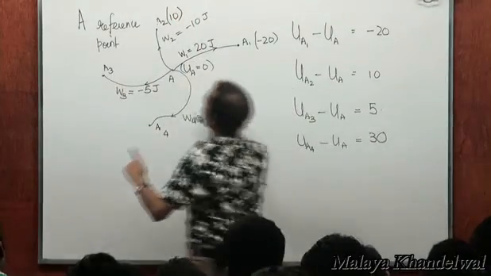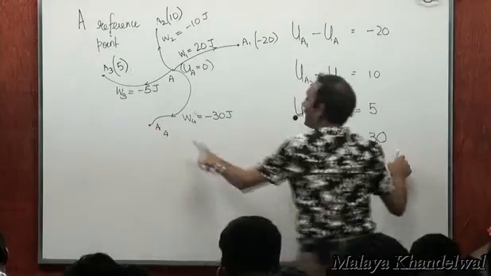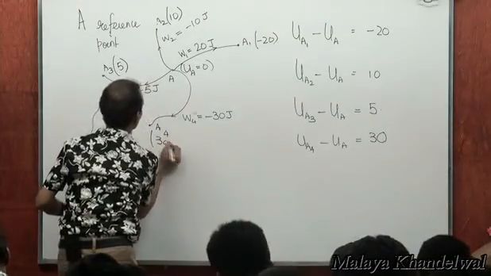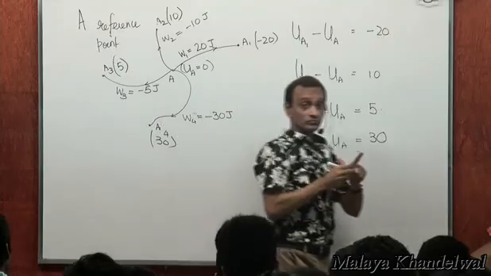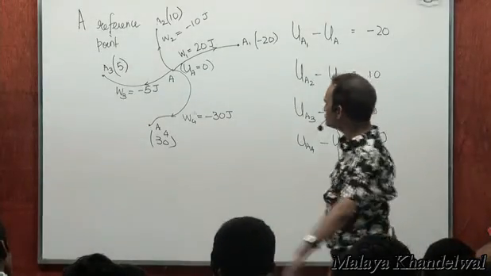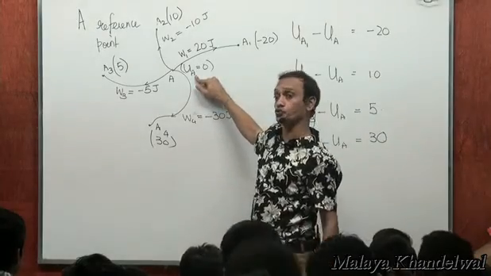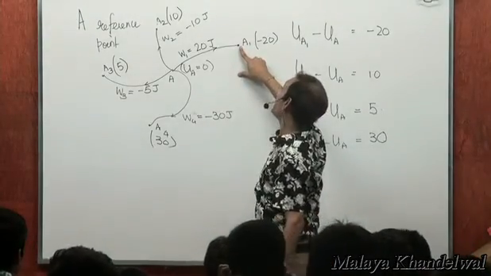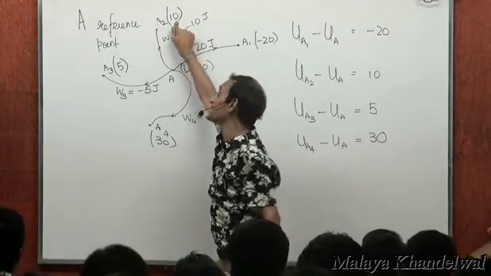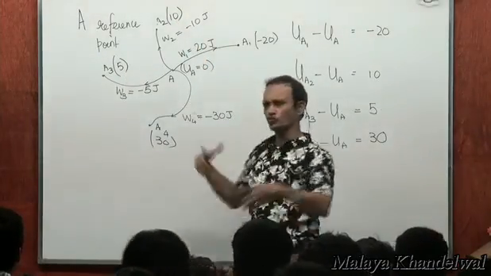UA3 will become 5. UA4 will become 30, and so on and so forth. So then, loosely speaking, I could have said the potential energy at A is 0 joules. The potential energy at A1 is minus 20. Potential energy at A2 for the test particle is 10. At A3 it's 5. At A4 it's 30, and so on and so forth.